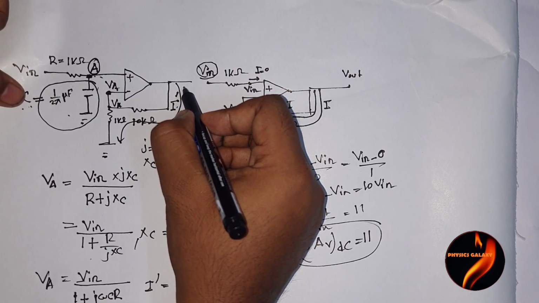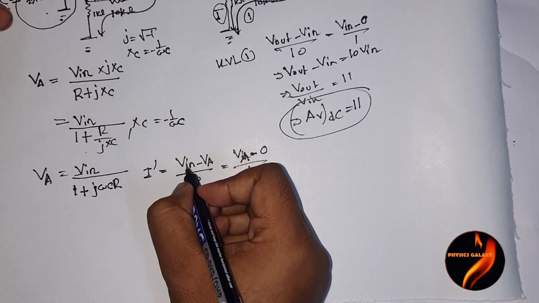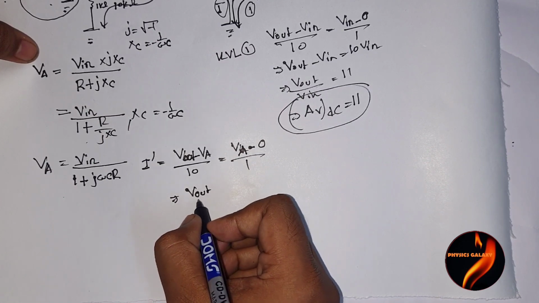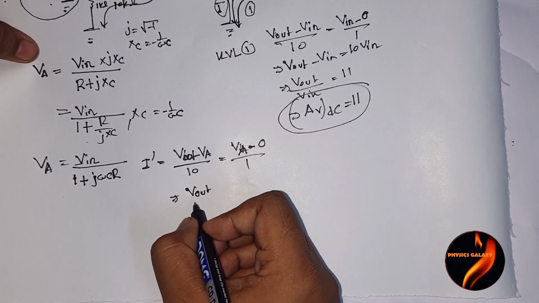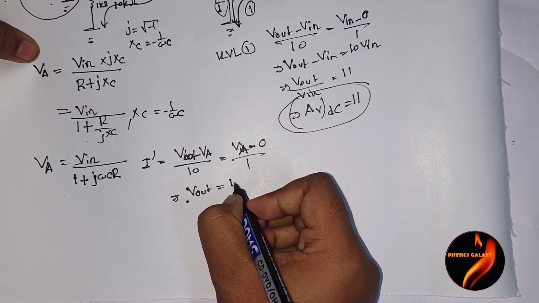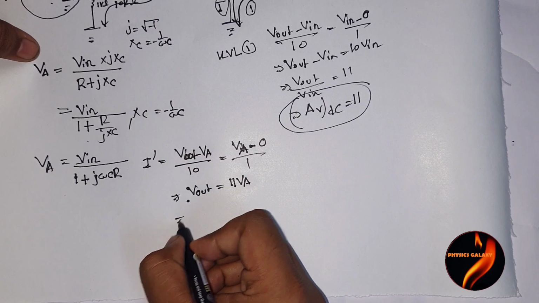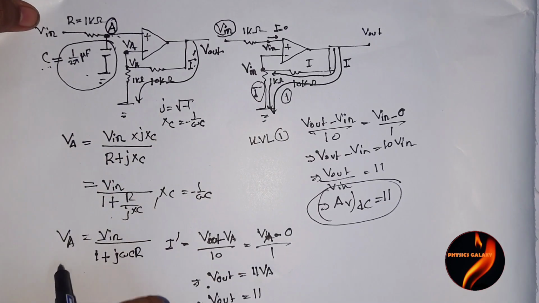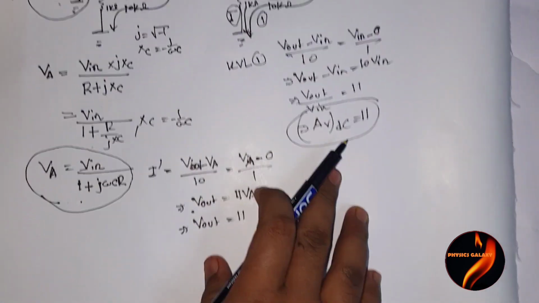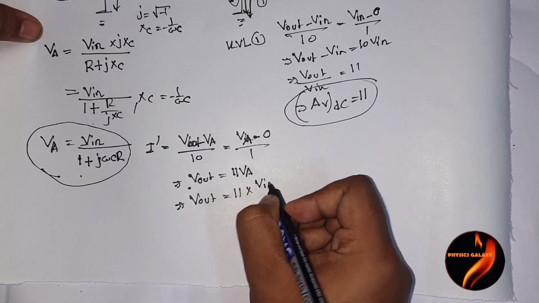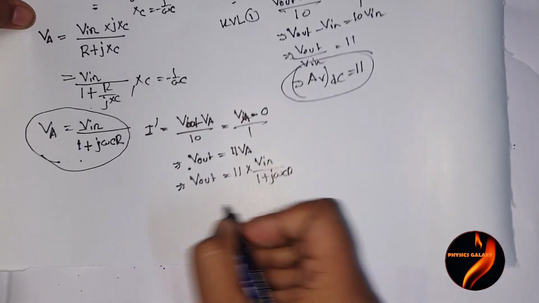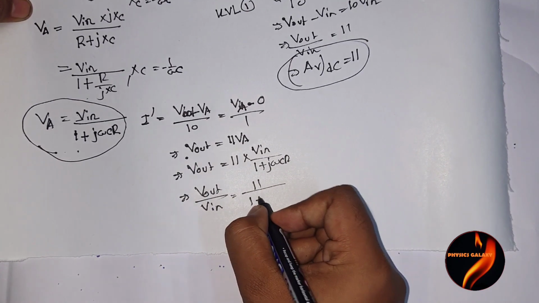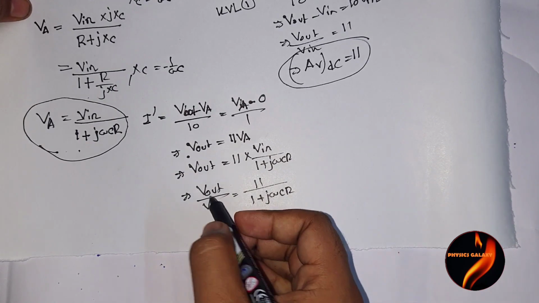Let us denote this voltage by V out. So V out is equal to 11 VA. The VA value we have found out is this one. So if we put this value here, this will give me the relation V out by V in is equal to 11 by 1 plus j omega CR. So this is the voltage gain.